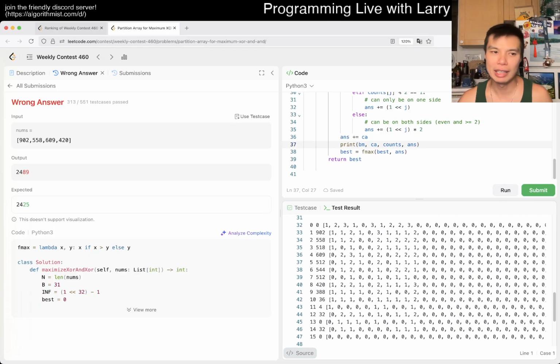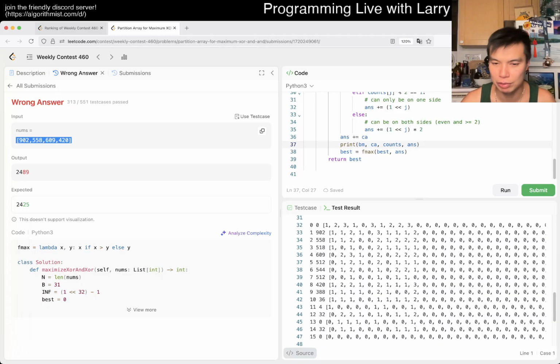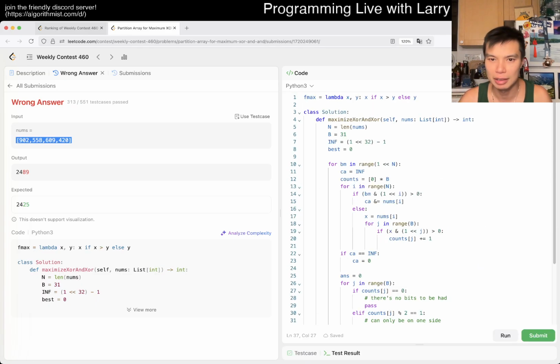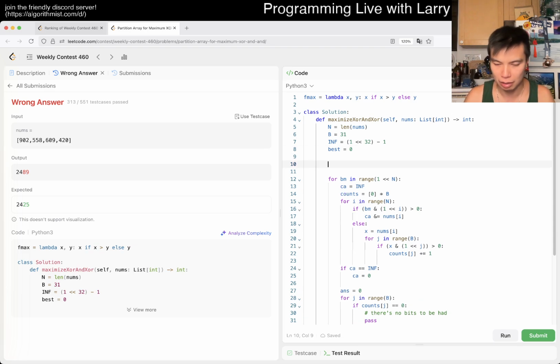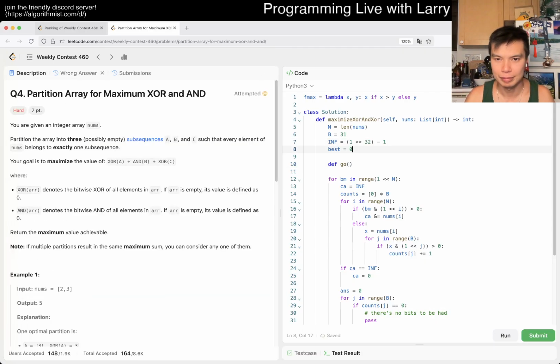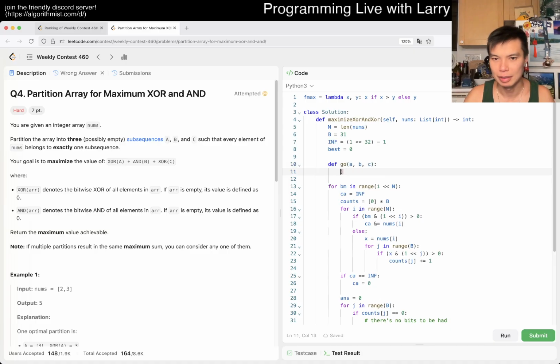This may be a good time to also write a 3 to the n algorithm so that we can debug it a little bit. Actually, let's do that real quick. What's it called? Whatever, just call it ABC. Index ABC.